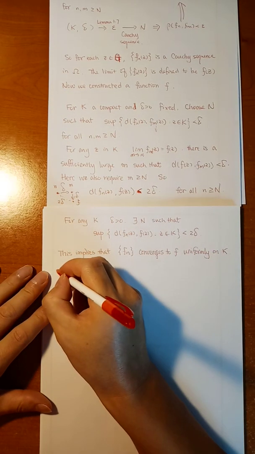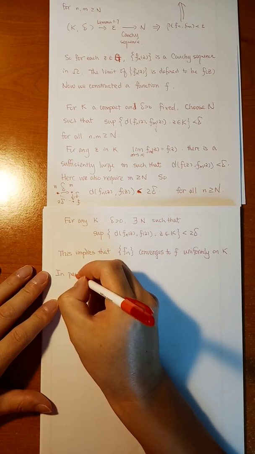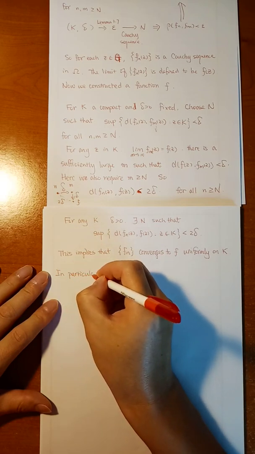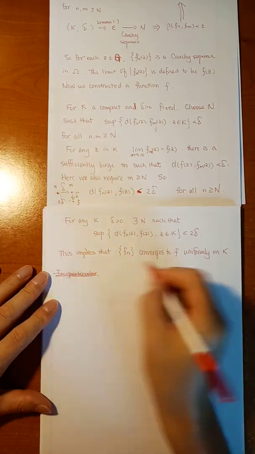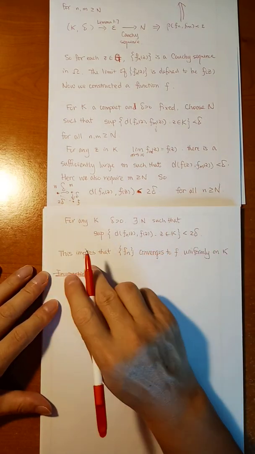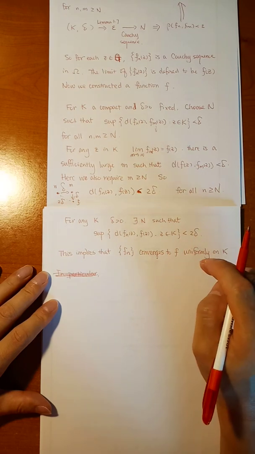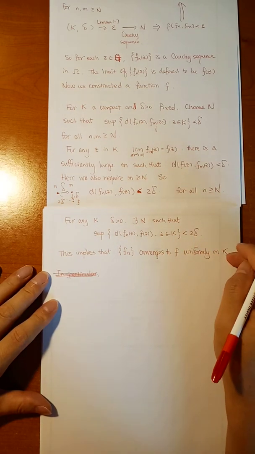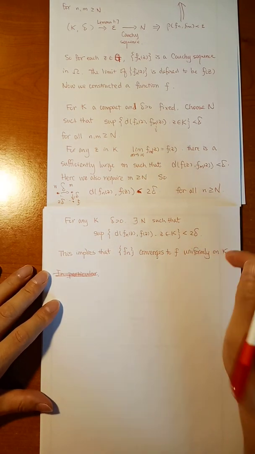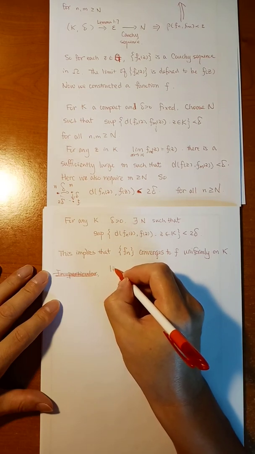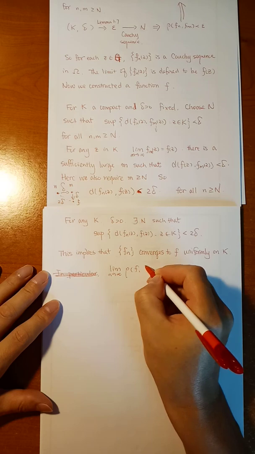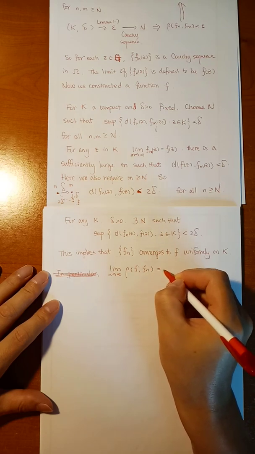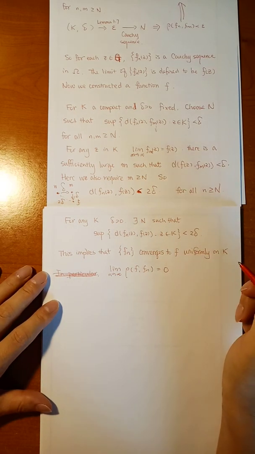And in particular, okay. So what does this mean? This just means if a sequence converges to f uniformly over whatever compact set, then the limit as n approaches infinity of rho of f and Fn will approach 0.